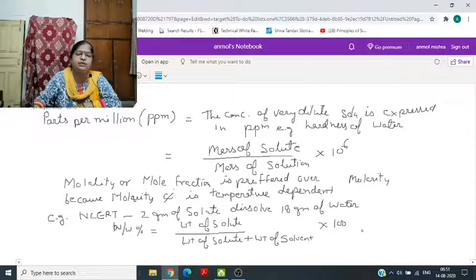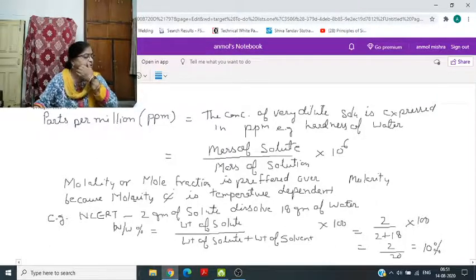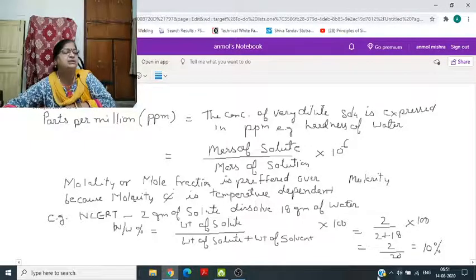That is 2 by 2 plus 18 into 100, so 2 by 20, which is 10. So it will be 10%. Always remember it is the weight of solution. The mistake students make is that they use only the solvent.